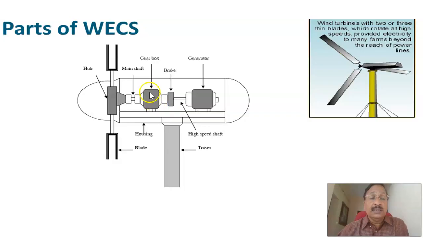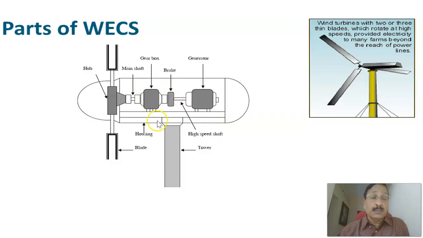Torque will be changed by this gearbox mechanism, and it is connected to the braking mechanism that is coupled to the generator, and the generator does the power generation. Here the high speed shaft gets its high speed from this gearing mechanism, which increases the speed. Of course, torque will be less and the speed increased.